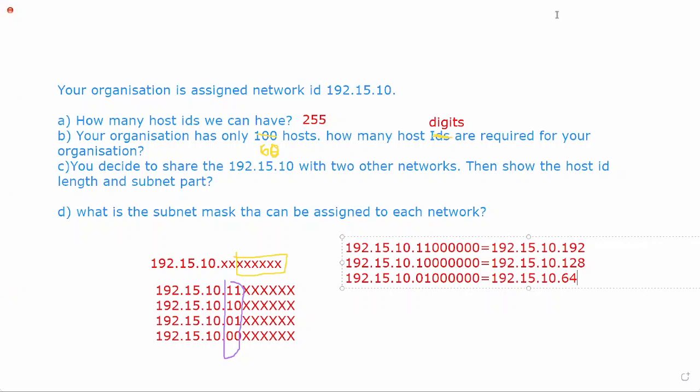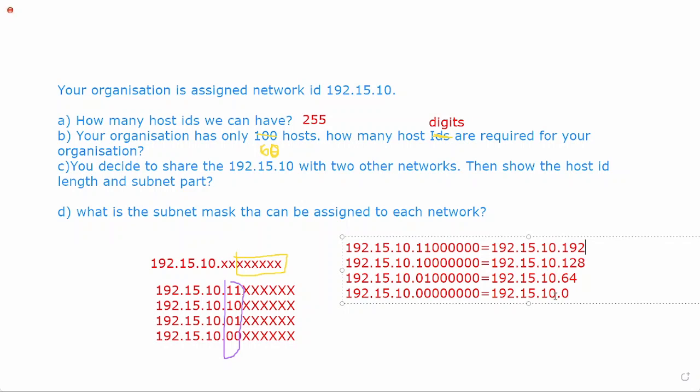I will write the other one also, but in the question I have asked only about 3, right? 15.10.0000000, that is 192.15.10.0.